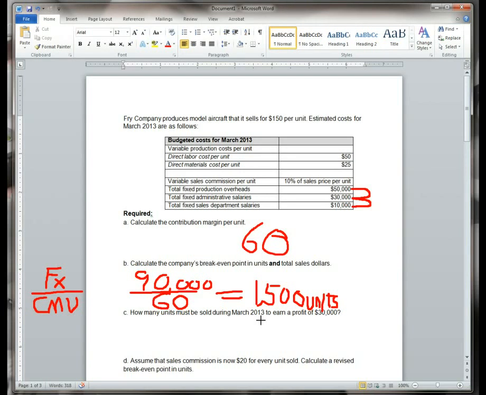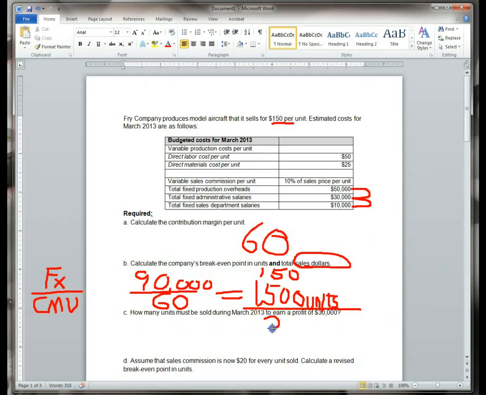So what this is telling us is 1,500 units is your break-even point. Well, that's great. Now, in sales dollars, what is your revenue is what this is asking. If you sell 1,500 units, you multiply it by $150, which is our sales price per unit. 1,500 times 150.